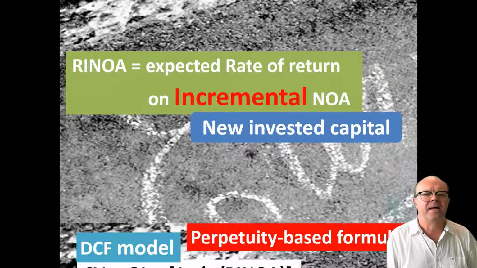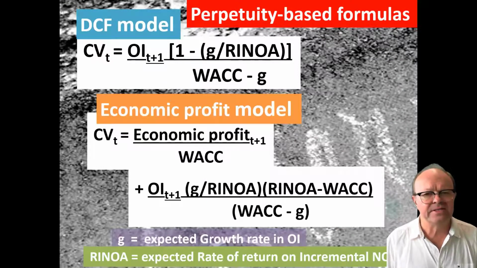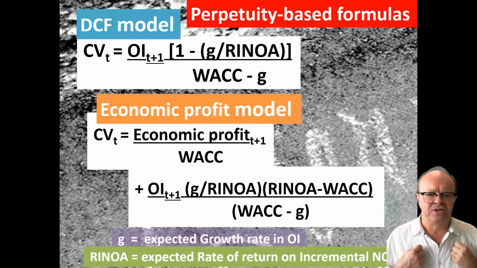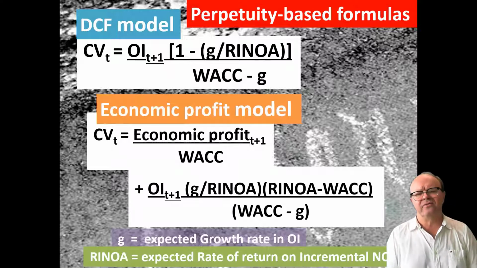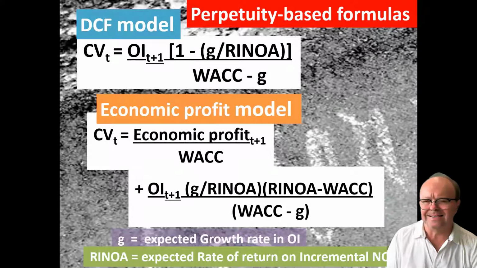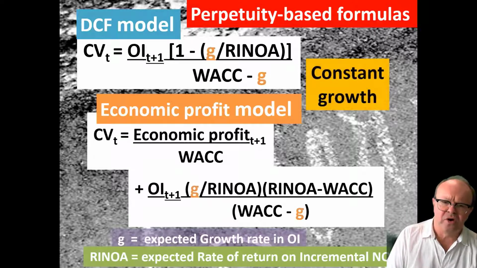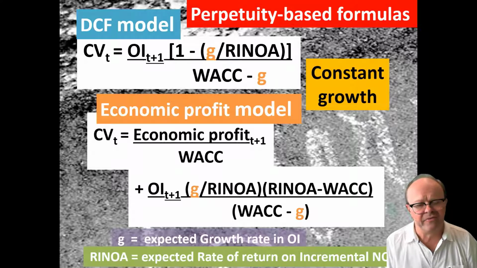in order to support our growth after that. Now, the continuing value formulas are perpetuity-based formulas. They assume a constant growth rate in operating income and a constant expected rate of return on incremental net operating assets. And you can see that we have constant growth. So you can see the G in both the continuing values for the DCF model and the economic profit model.